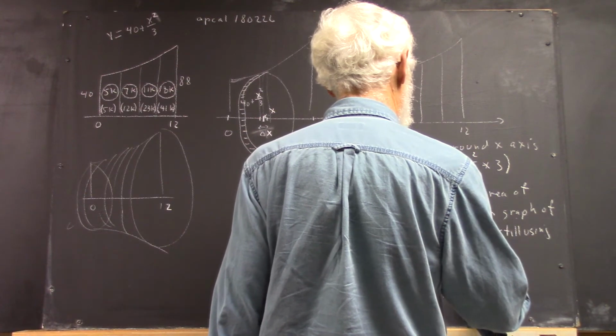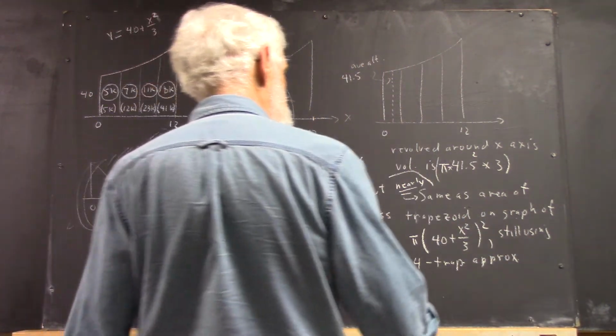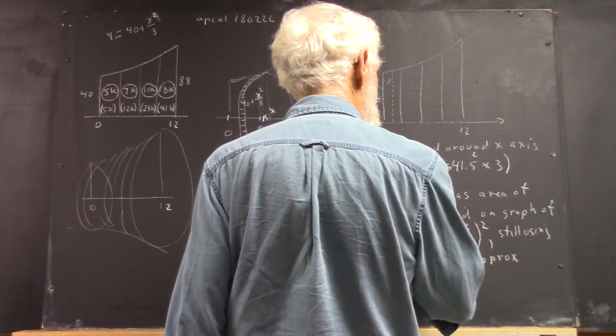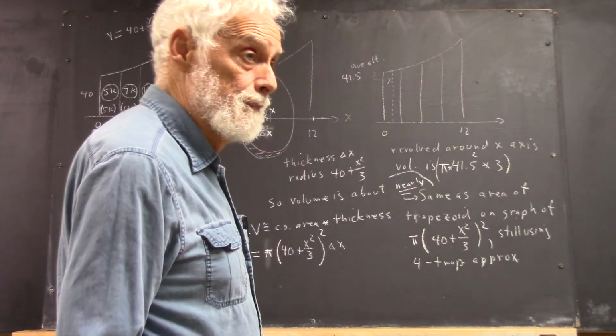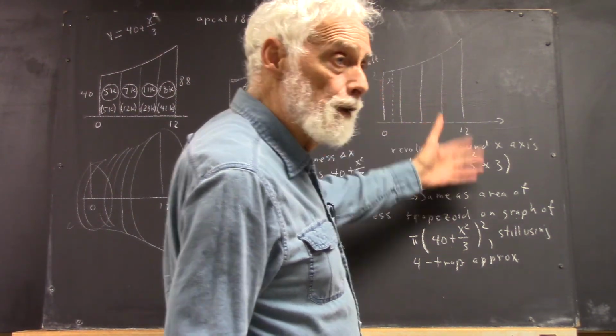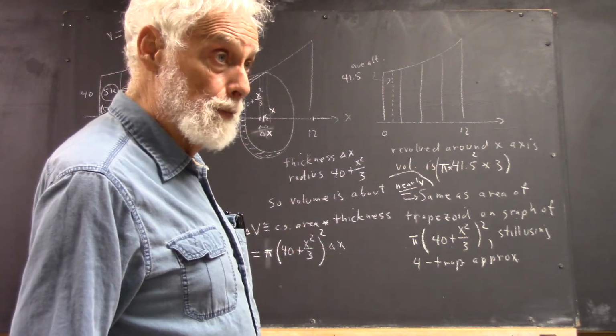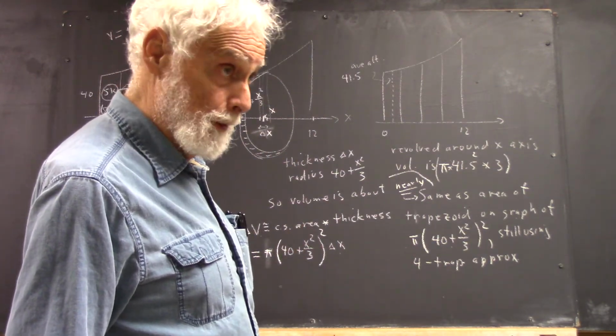Still using our 4 trapezoid approximation, if I did a trapezoidal approximation graph for this function, I would have trapezoids whose areas represent the areas we would get by revolving the individual trapezoids. Does that make sense?